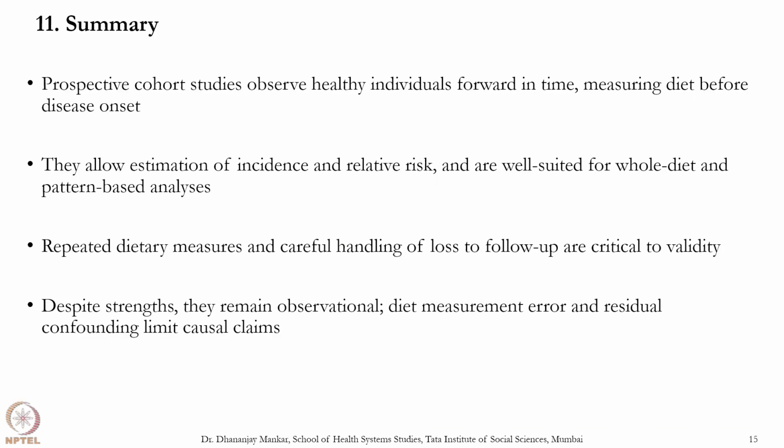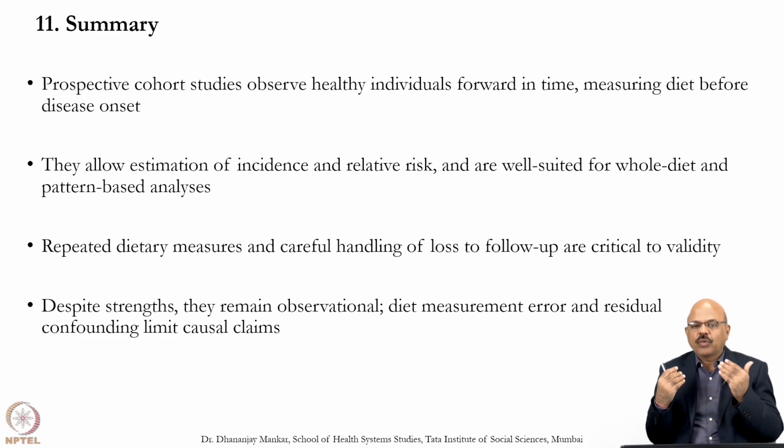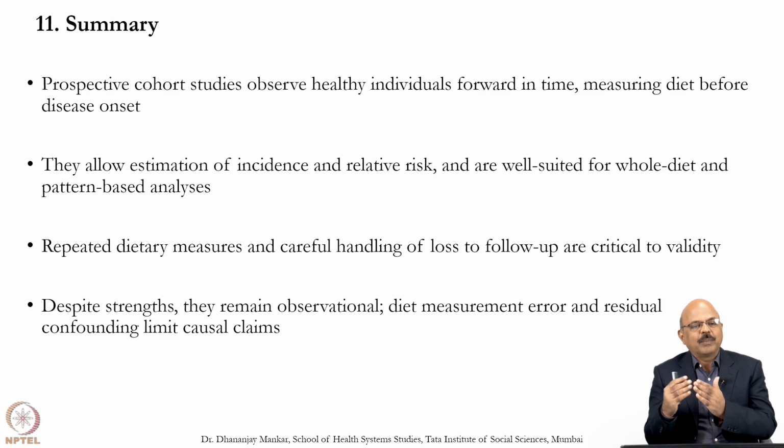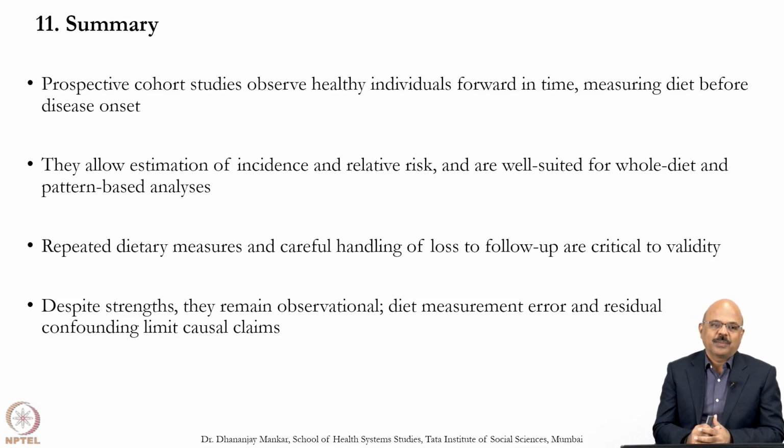Now with this we come to an end of this chapter, where prospective cohort studies observe healthy individuals and move forward in time, measuring diet before disease onset. It is important to note the benefits: these studies are important for nutritional programs.